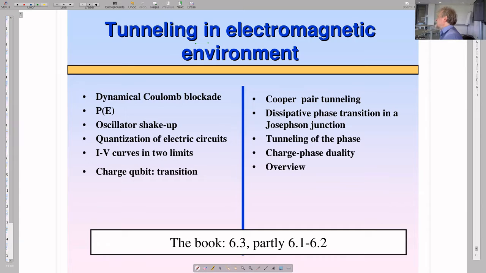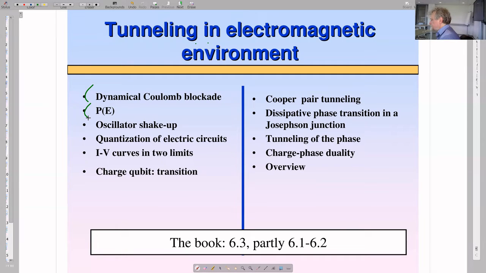We produce it by tunneling of an electron, and it propagates and affects this tunneling rate. So in the first part of the lecture, we will investigate this effect, which is called dynamical Coulomb blockade.